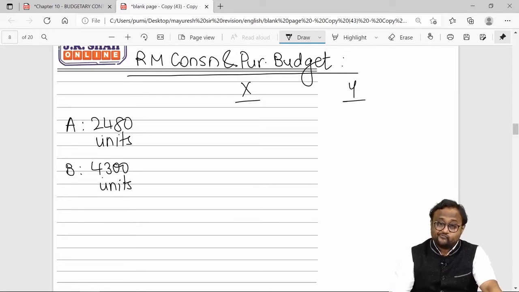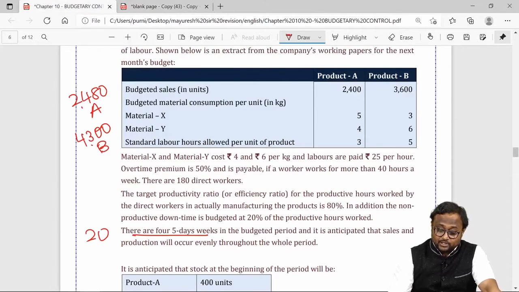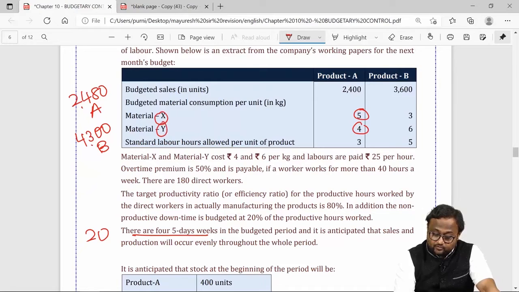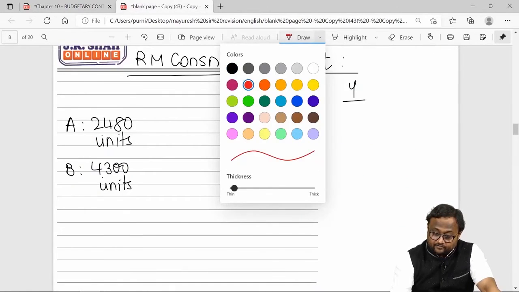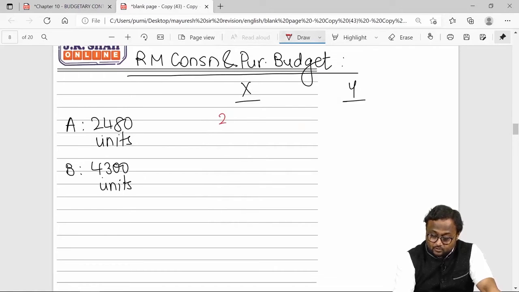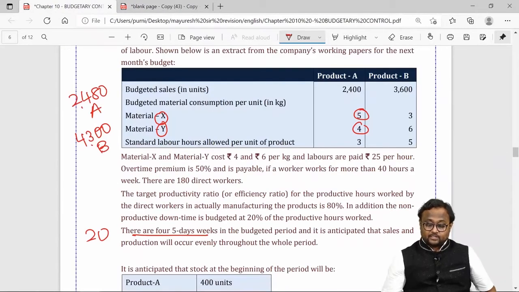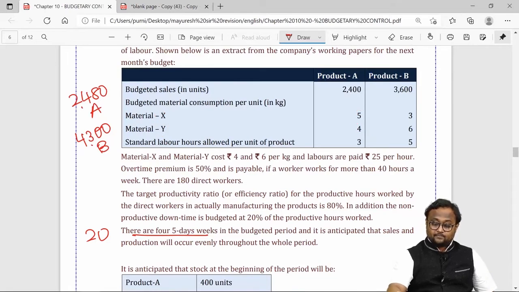Okay, so how to get the consumption done? Product A requires 5 kgs of X and 4 kgs of Y. If A requires 5 kgs of X, 2480 into 5, 2480 into 4, 5 kgs of X and 4 kgs of Y.